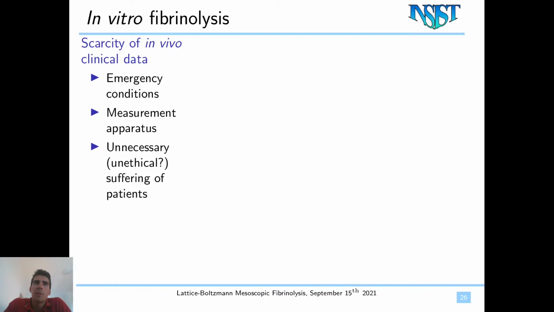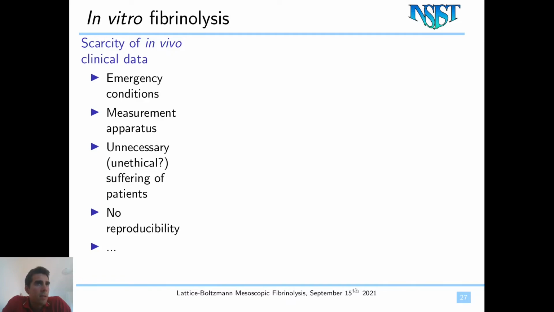Also, the patient is already in a stress and shock situation, and it might be wise to consider if it's really necessary and ethical to do more experimentation on a patient that is already, let's say, almost dying. Also, if one wants to build a model, it's important to have consistent data that can be reproduced to test back the model.